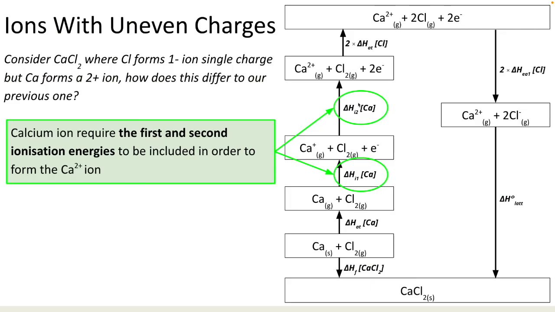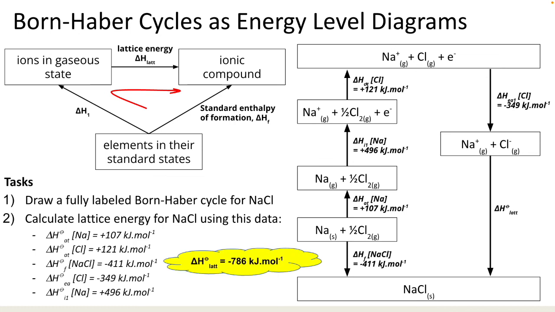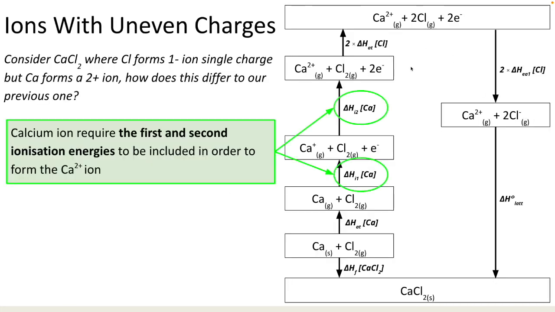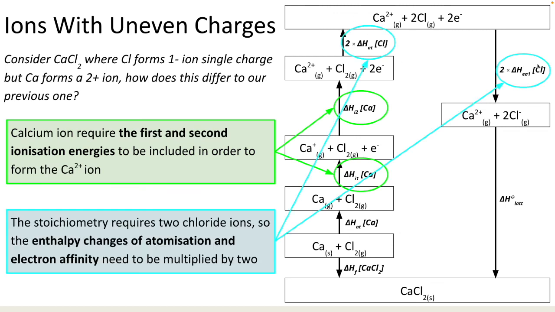So where we only had 1 over here, atomization, electron affinity, because we only needed 1 chloride ion, this time we need 2 chloride ions, so we have 2 of them there. So you've got to make sure that you've got all these steps accounted for if you have uneven charges.